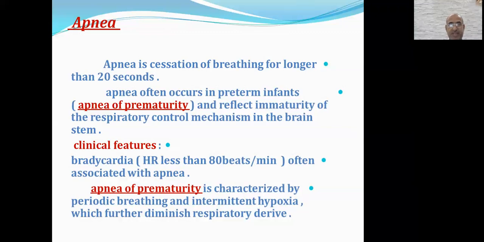So this is not real apnea. Apnea should be associated with bradycardia. Apnea of prematurity is characterized by periodic breathing and intermittent hypoxia, which further diminish respiratory drive. So simple apnea does not affect the heart rate, while real apnea affects the heart rate.